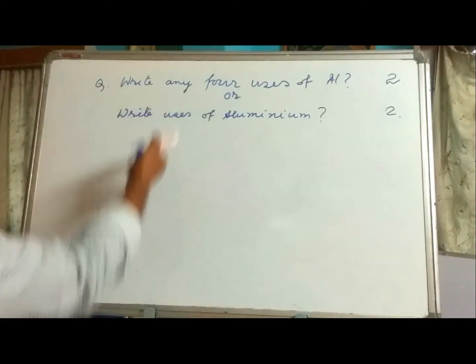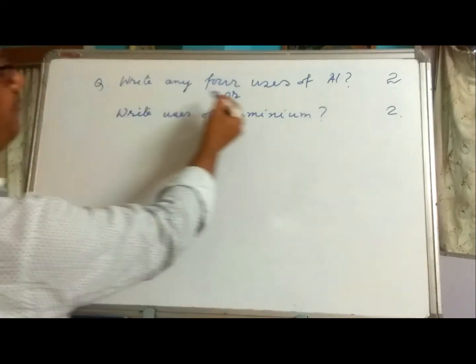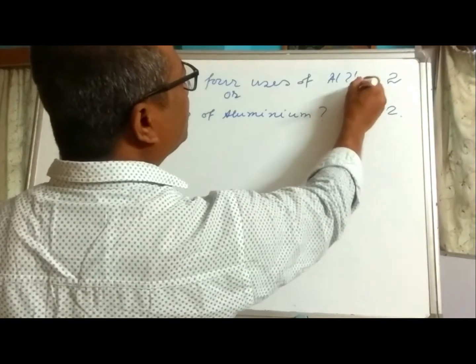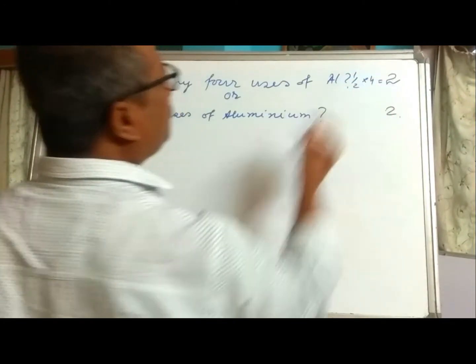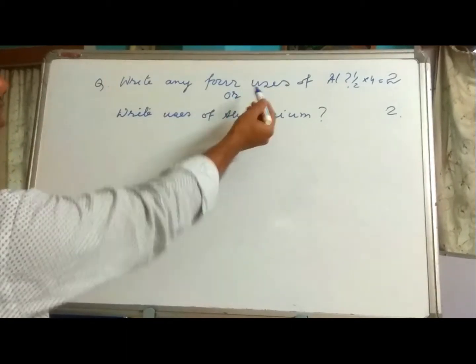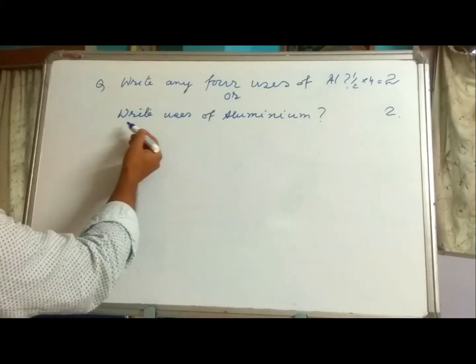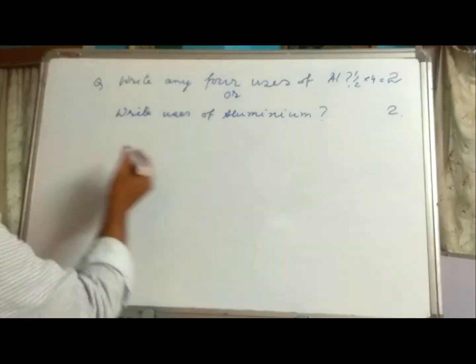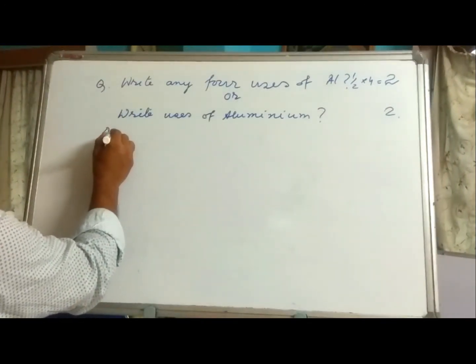In the first type of question, write any 4 uses of aluminium, that means half a mark into 4 is equal to 2. And in the second question, the number of uses is not mentioned, but write uses of aluminium is given 2 marks. So that time also you write the answer like this.